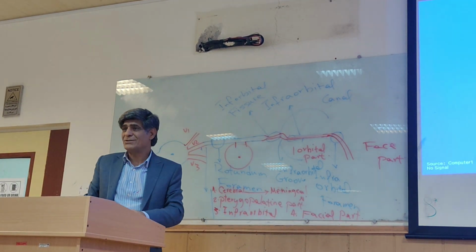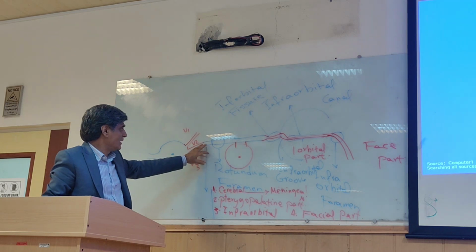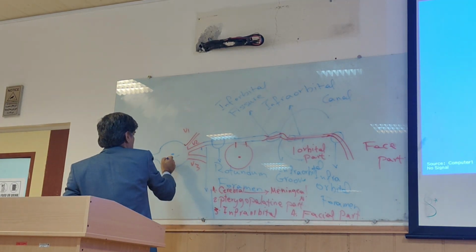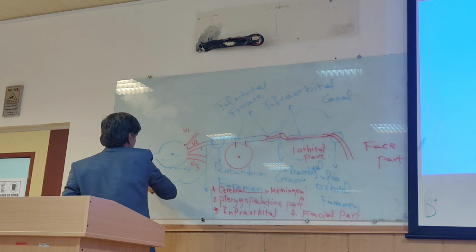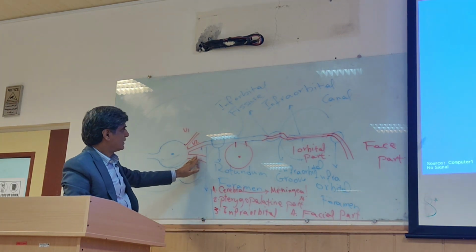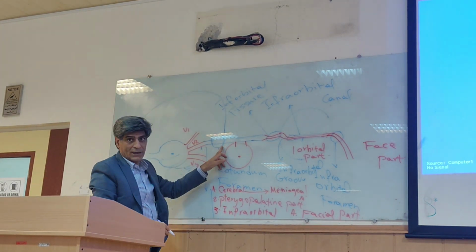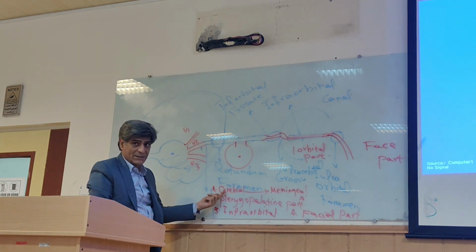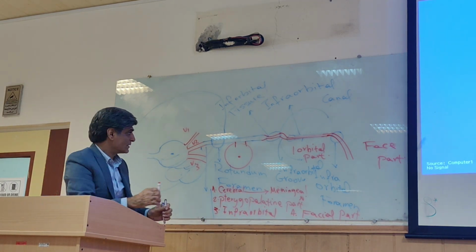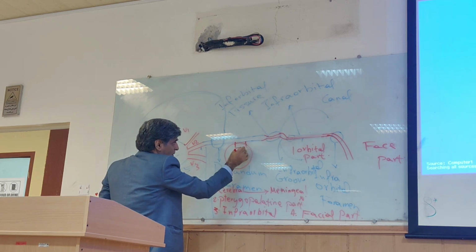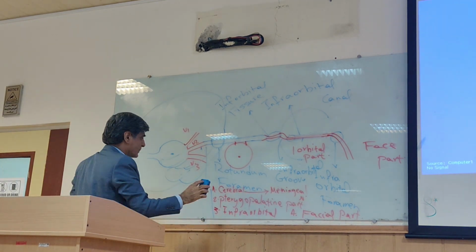Branches: the cerebral part, before it exits the brain, contains one branch, the meningeal. The pterygopalatine part contains two branches, the ganglionic branch, and the zygomatic. All are branches of the pterygopalatine part.